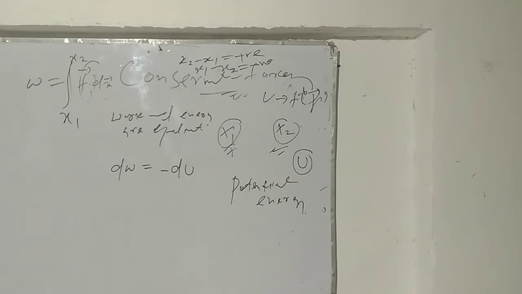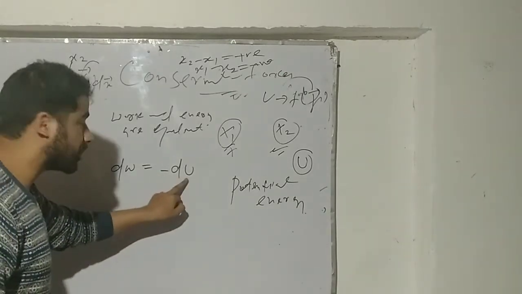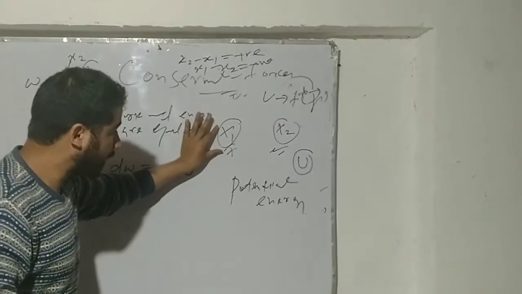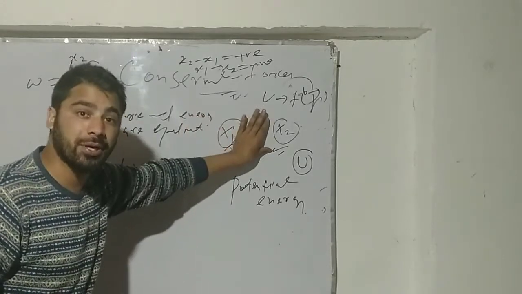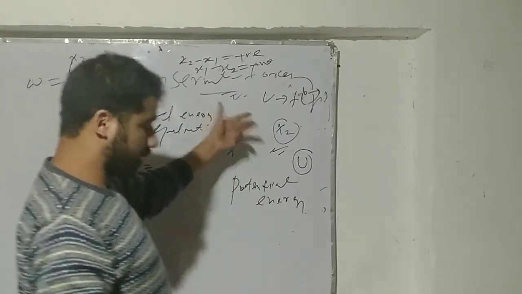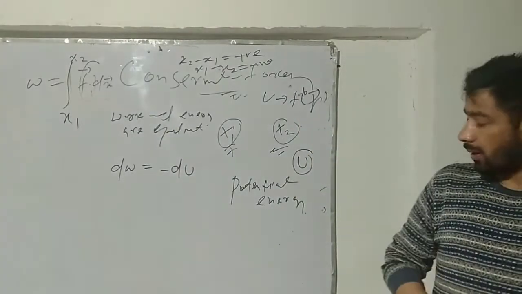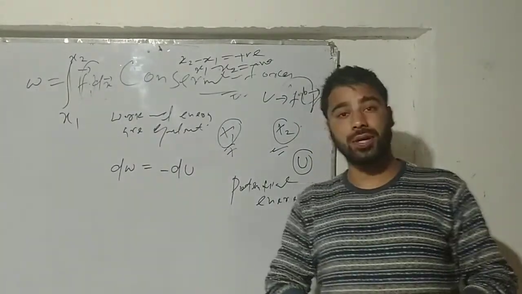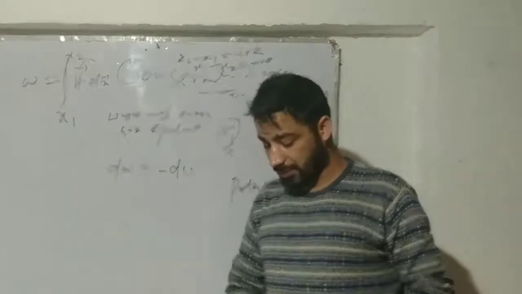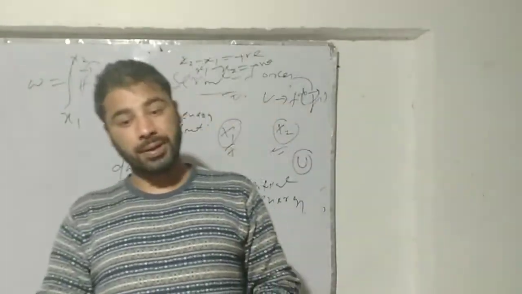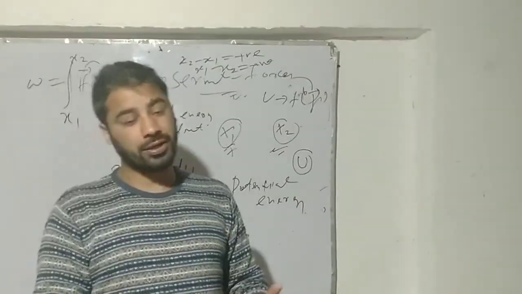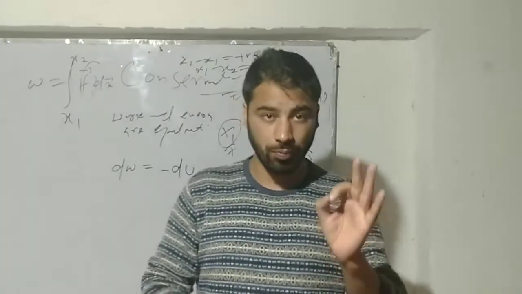I'm going to say that dW, the work done, will be against the change in potential energy, because when the particle is here, at some later time it will be here, obviously the particle will be associated with an amount of potential energy content. So this negative sign basically gives us an important conclusion that we need to do the work against the potential energy. Hope you are getting it.